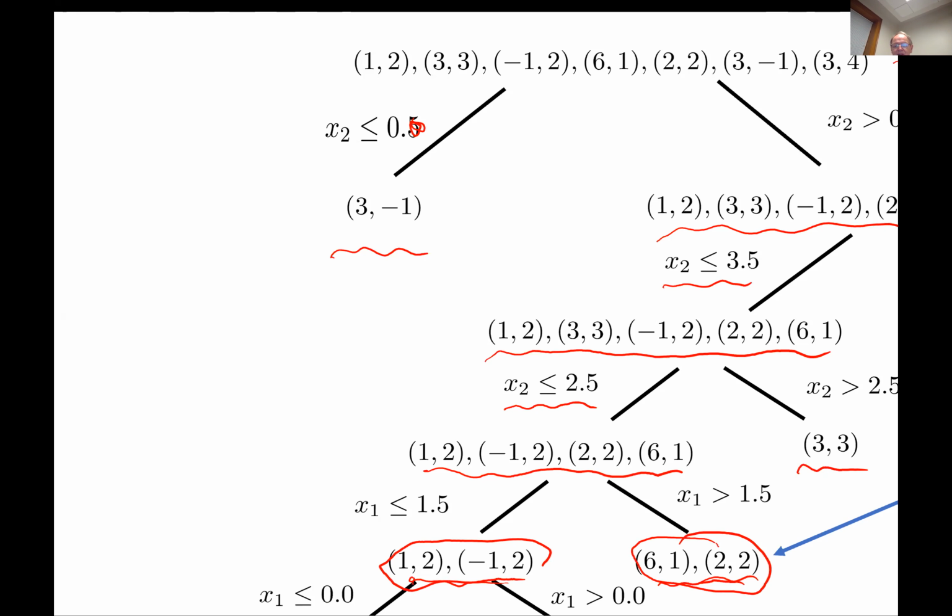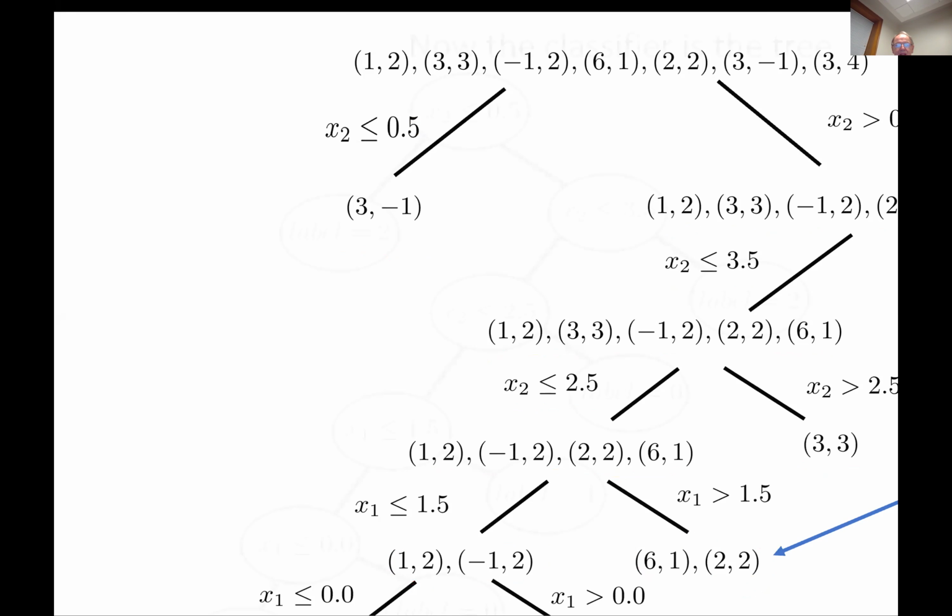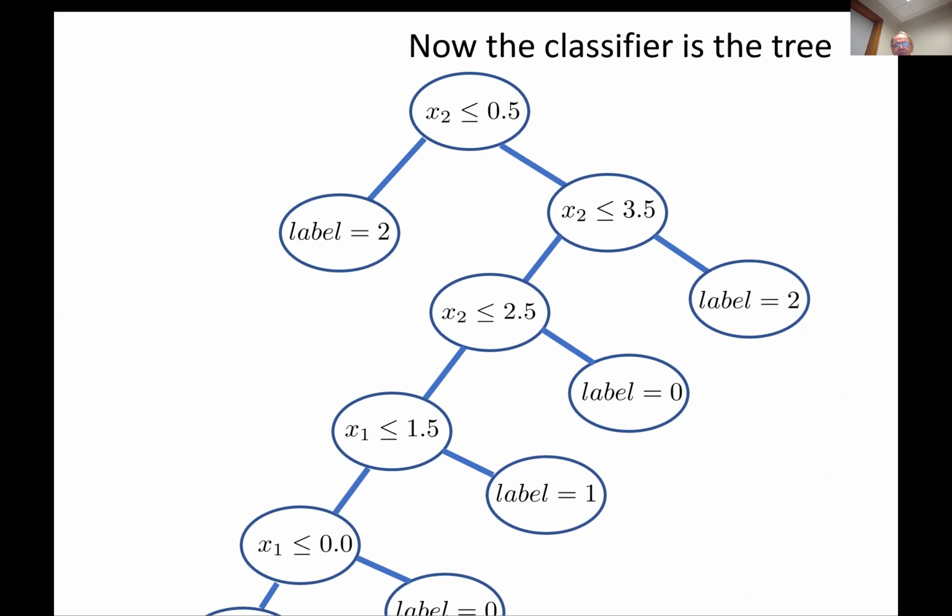We try all the possible splits, and we find the one that lowers the Gini Index the most, and then we keep going like this. If we look at the classifier as we would use it to classify points, we start by taking an arbitrary data point and asking, is x2 less than or equal to 0? If it is, then it's categorized as label 2.